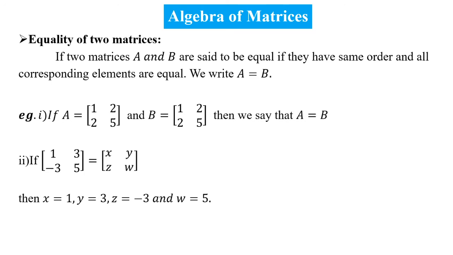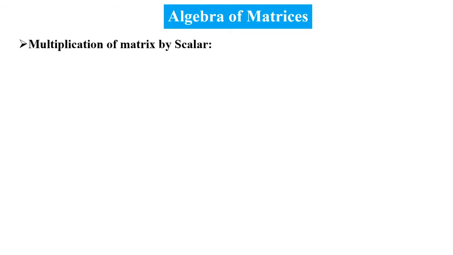So X equals 1, Y equals 3, Z equals minus 3 and W equals 5, in case of equality of matrices if A equals B.